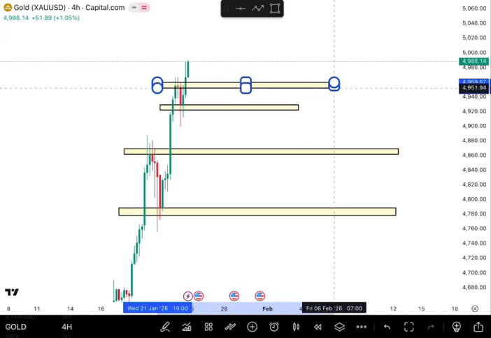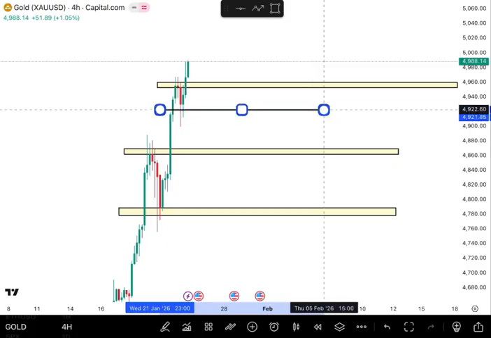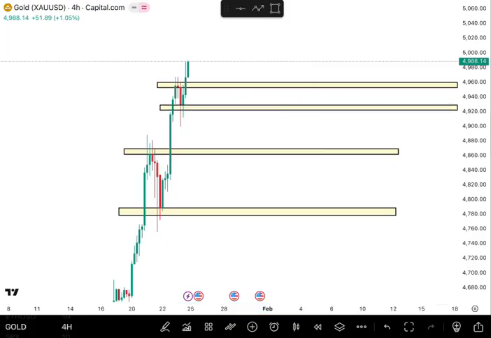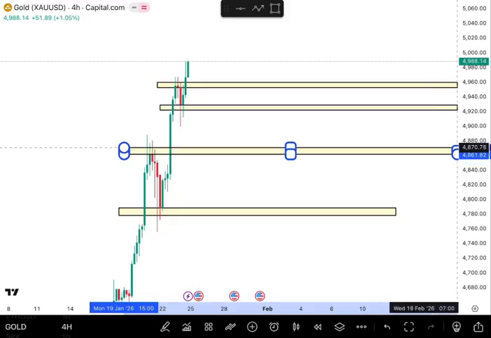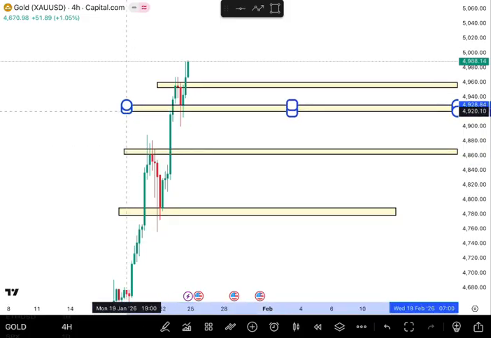So this is the zone for the Monday market open, the near zone that we will monitor.